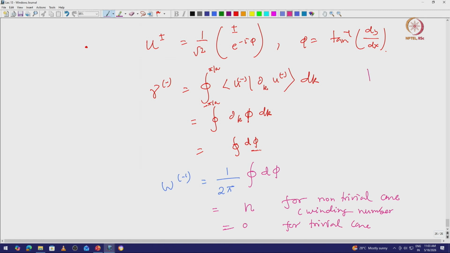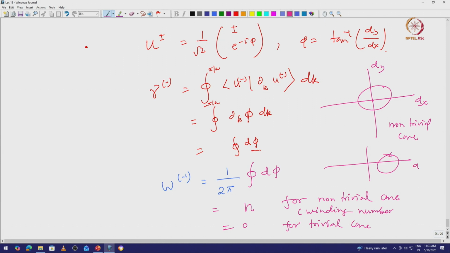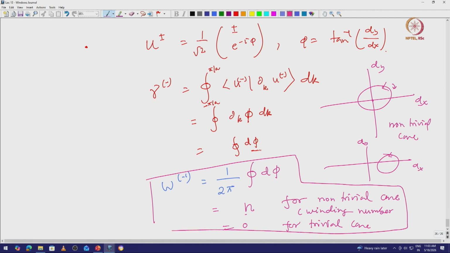So, the non-trivial case is again when we wrap the d equal to 0 point, and the trivial case is when we are somewhere here. If you wrap the opposite way, then you will get a minus n, and this is the winding number. So, this is the topological invariant. Okay.